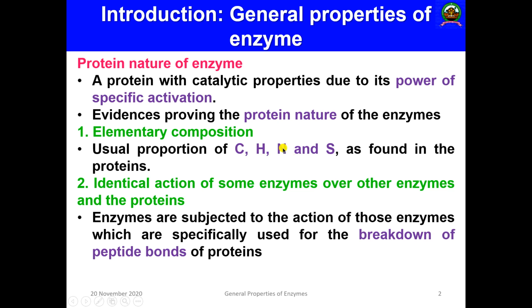Carbon, hydrogen and nitrogen are present because protein consists of amino acids, which are nitrogen-containing components. So the major elementary composition of the protein is carbon, hydrogen, nitrogen and sulfur.